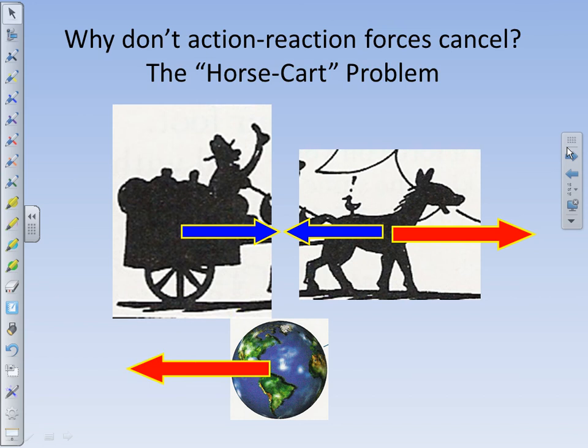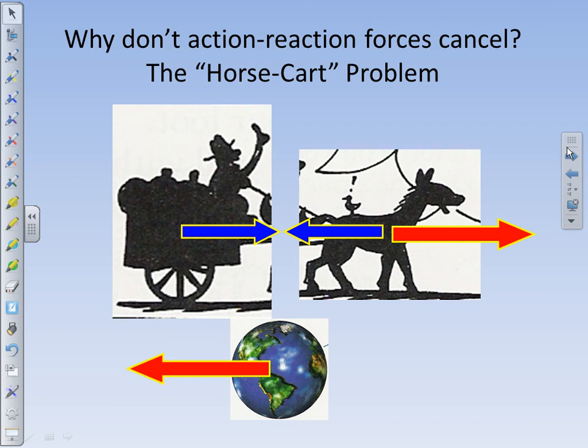The ground would move to the left, does it? Yes. But remember, just because the forces are equal doesn't mean the accelerations have to be equal, right? What's different about the horse and the earth? A lot different masses, right?